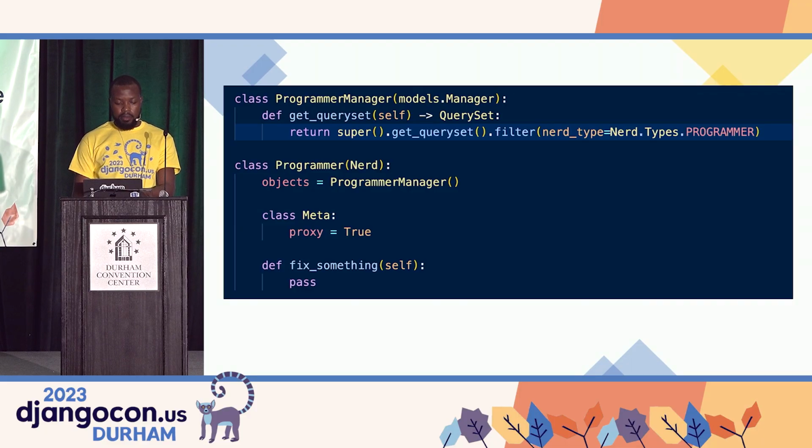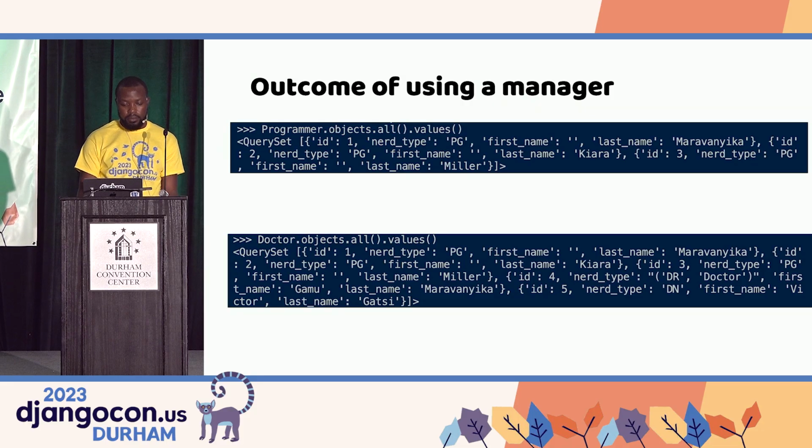And I will talk about the method that's down there, the method called fix something. I will talk about it very soon. So now let's look at what happens when we add a model manager. You will see that in the first section there, we now have a programmer filtered object, right?